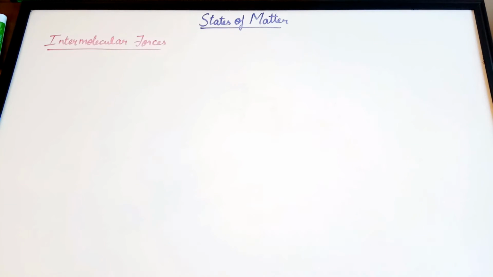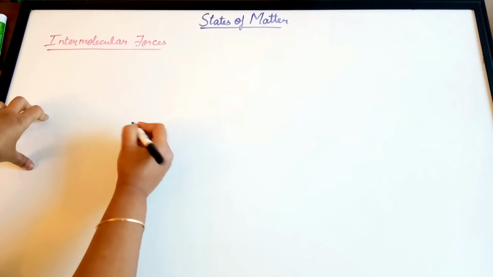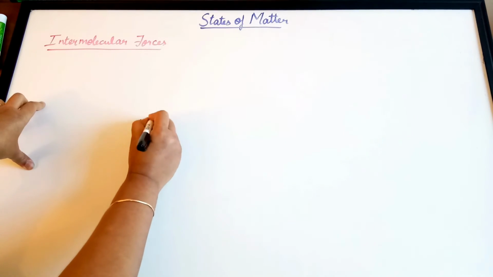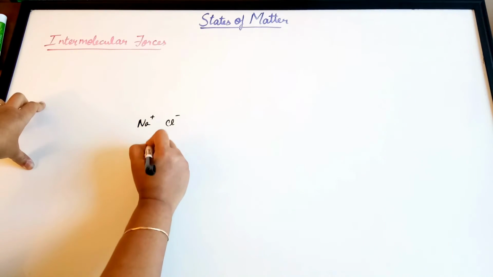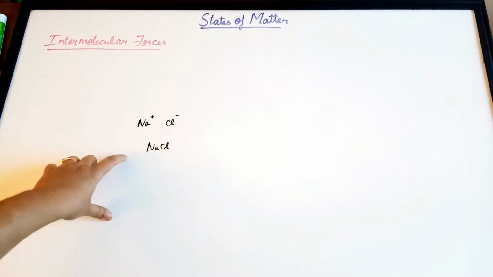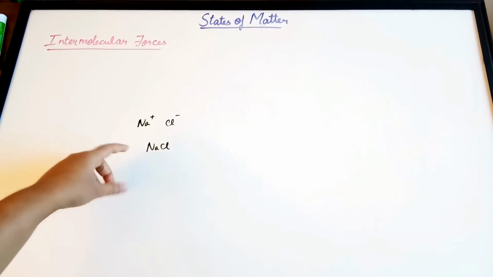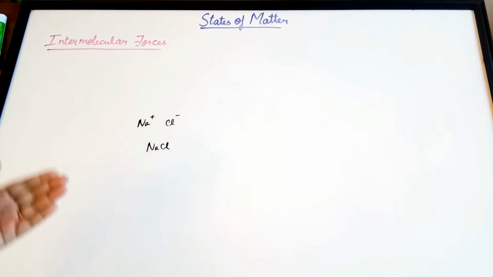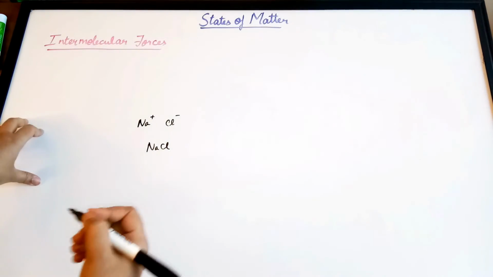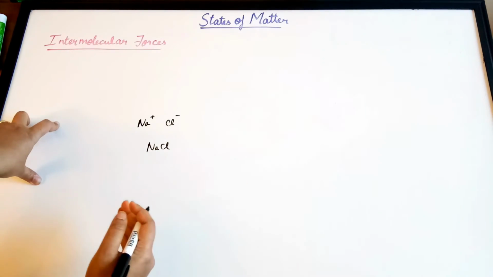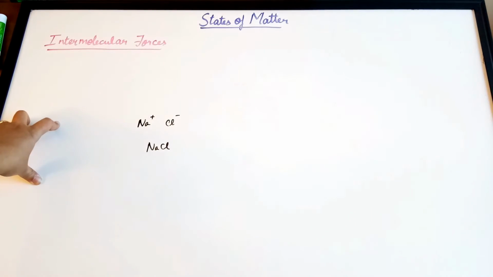Now this does not include the bonds which are formed, for example, sodium and chlorine forming sodium chloride. This is an example of an ionic bond. Here you have a bond between two ions. On the other hand, this also does not include a bond formed by sharing of electrons.